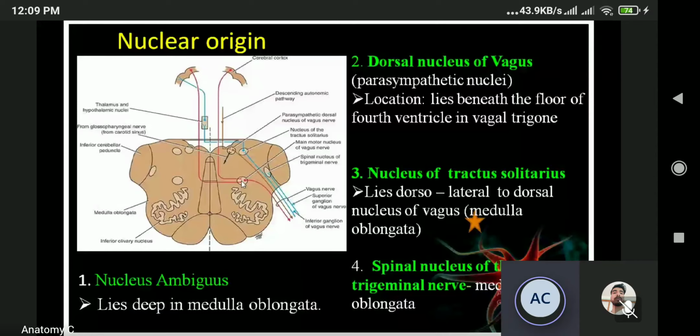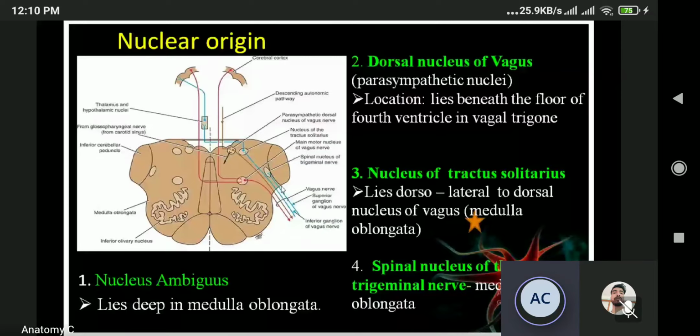Now the last one is the spinal nucleus of the trigeminal nerve. Now see over here, this is the spinal nucleus of the trigeminal nerve, and this is the sensory one, because it is receiving fibers from the vagus nerve. Some fibers of the vagus nerve go and end in the spinal nucleus of the trigeminal nerve. That means this part of the vagus nerve is receiving the general sensation from the viscera and finally terminating in the spinal nucleus of the trigeminal nerve.